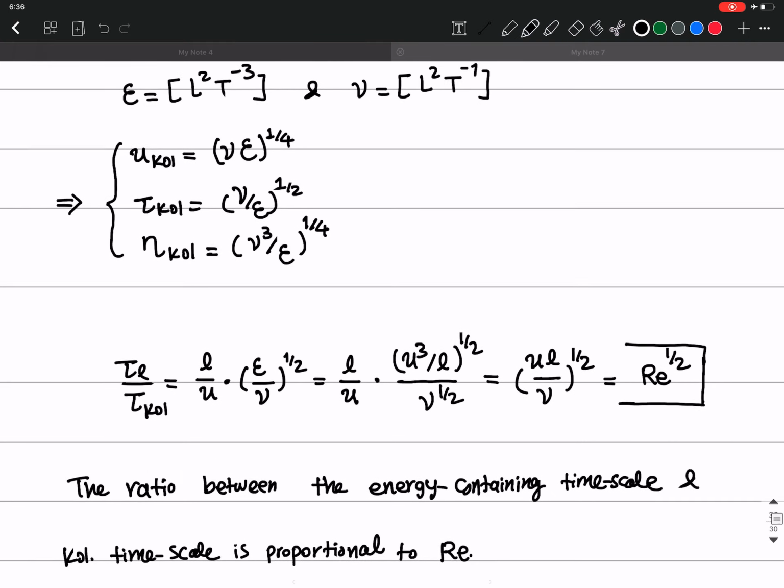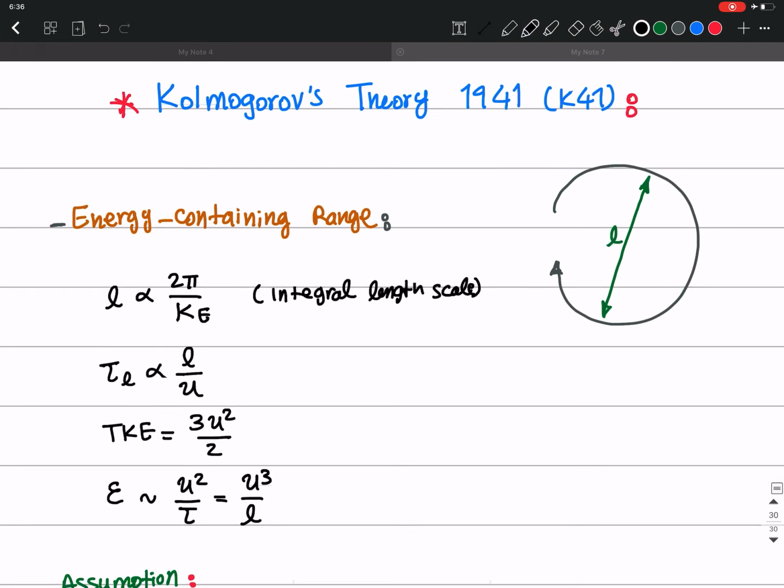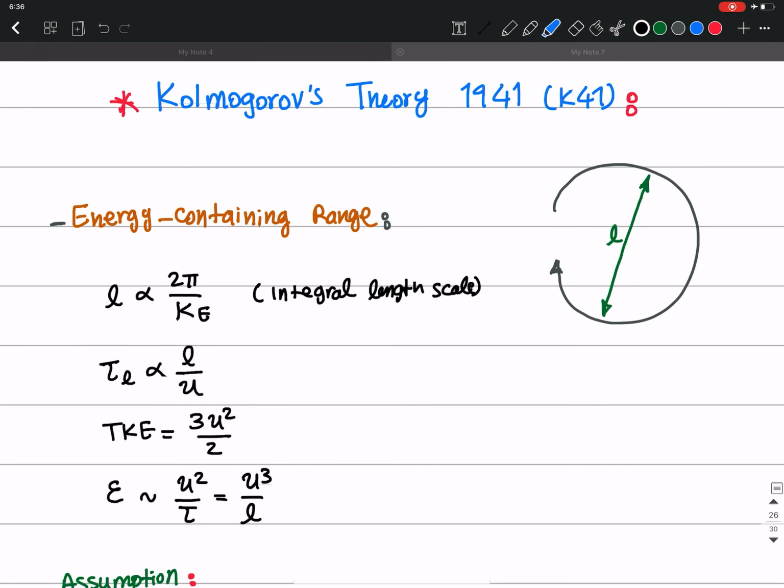Okay, so let me wrap up what we talked about today. Today, we talked about Kolmogorov's hypothesis, or Kolmogorov's theory. It's one of the most famous theories in turbulence. We tried to find the characteristic length scales, time scales, and velocity scales in different ranges of turbulence. The first one is the energy containing range, which is the large scales.